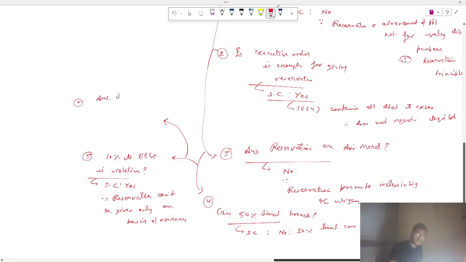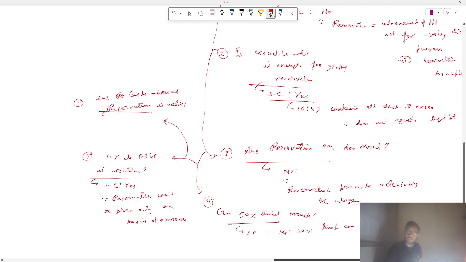And another question has been asked, is caste-based reservation valid? Then the Supreme Court stated that reservation has not been provided on the basis of caste. Caste is only one factor to determine the backwardness of the citizen.